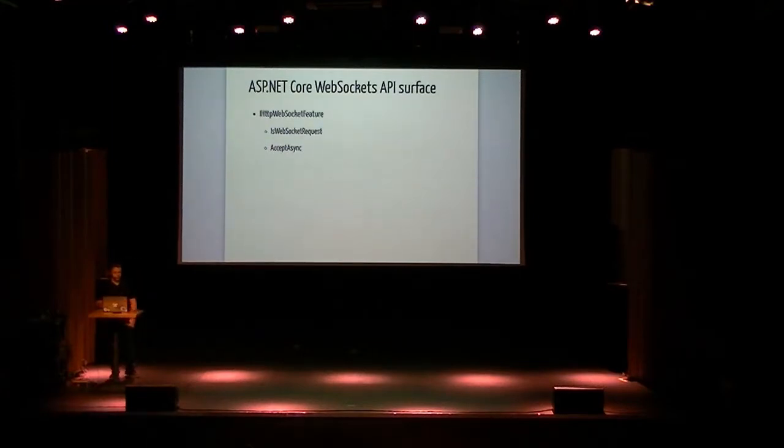Request is a feature, response is a feature, TLS is a feature, response buffering is a feature, and WebSockets are also a feature. This feature doesn't have to be implemented by the server itself. For example, Kestrel doesn't support WebSockets out of the box. So what you usually do, you grab additional package from Microsoft, include their middleware for WebSockets into the pipeline, and after that, you are safe to use them.